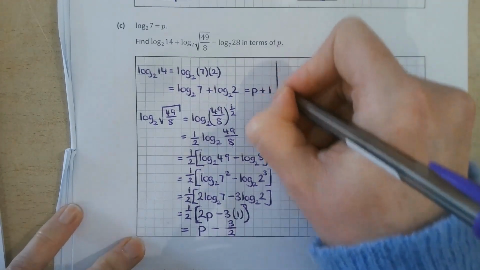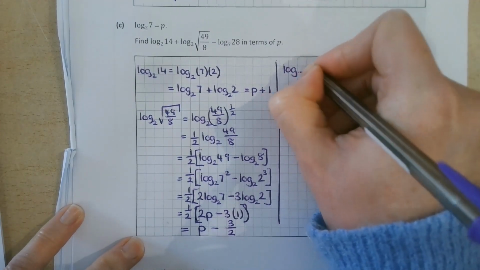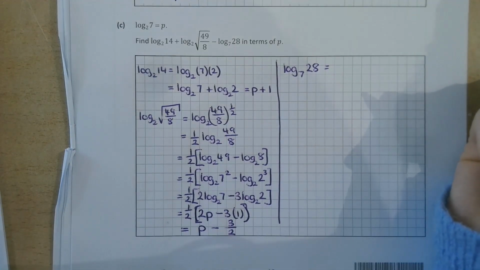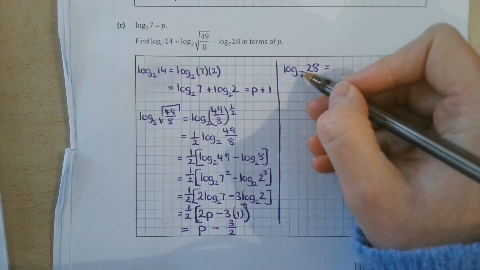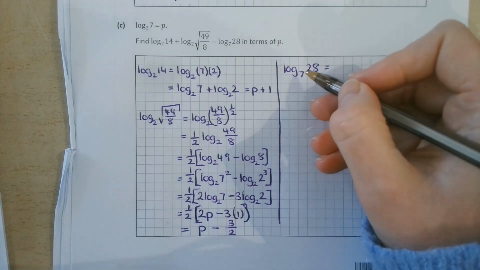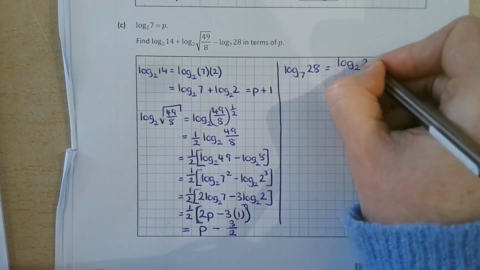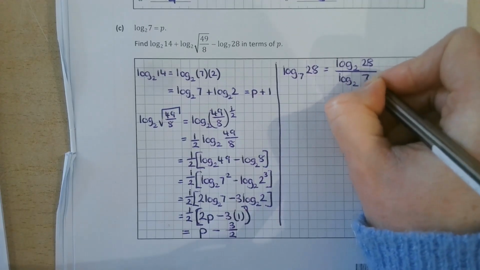And the last one that we have to manipulate is log to the base 7 of 28. So log to the base 7 of 28 now, it has a base of 7 at the moment. Using our rules of logs here, we can change that base. So we can change that to log to the base 2 of 28 over log to the base 2 of 7.